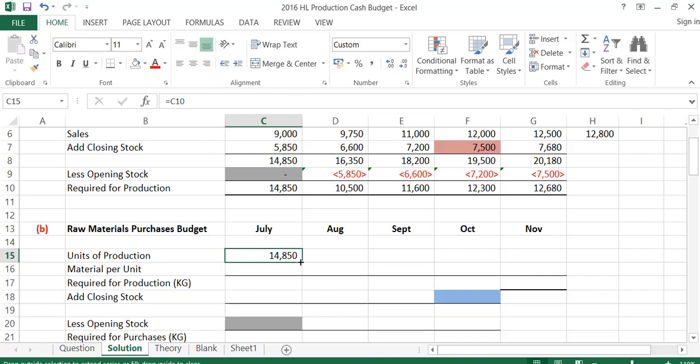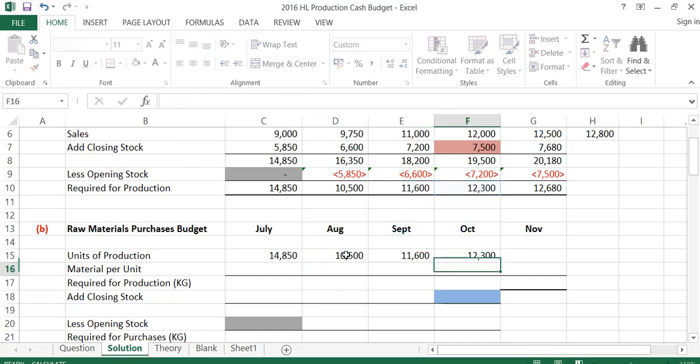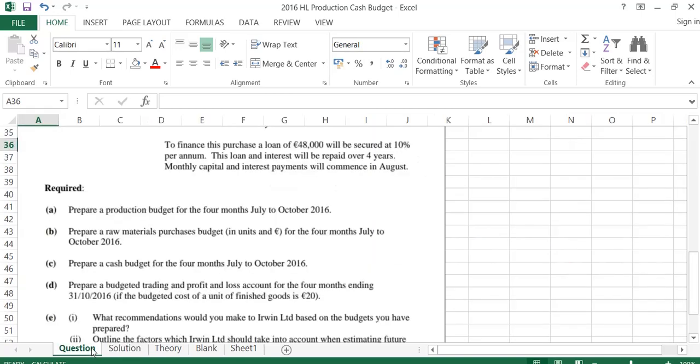So 14,850 doesn't seem to be working, so I'll just fill them in manually. 11,600, 12,300, and 12,680. They're the units we need to produce each month. Then it says in the question, how much materials do we need per unit?